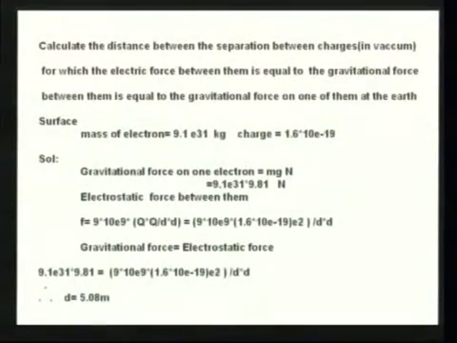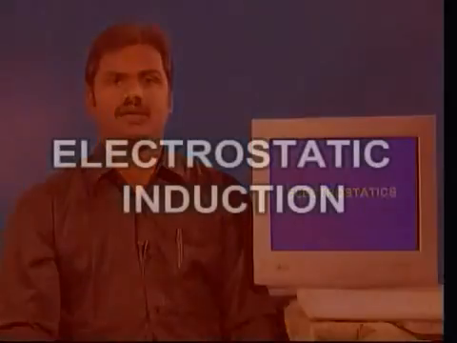Electrostatic force between them, F equals 9 into 10 to the power of 9 into q1 q2 by d square, that is 9 into 10 to the power of 9 into 1.6 into 10 to the power of minus 19 whole square by d square. Gravitational force equals the electrostatic force. By making these two equivalent, we get d equal to 5.08 meters.